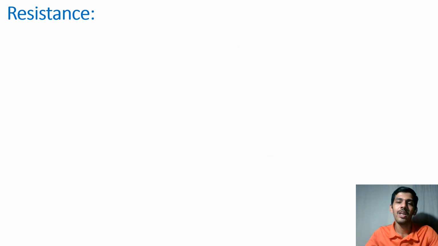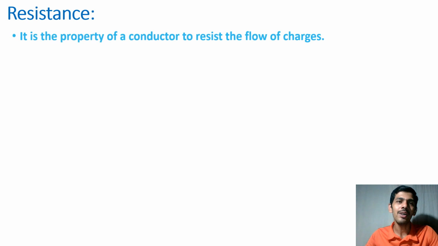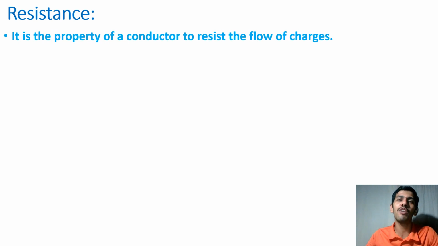Now what is meant by resistance? It is the property of a conductor to resist the flow of charges. What is the meaning of resisting? If someone is moving, and we are opposing that person from moving, we say that we are resisting that person.